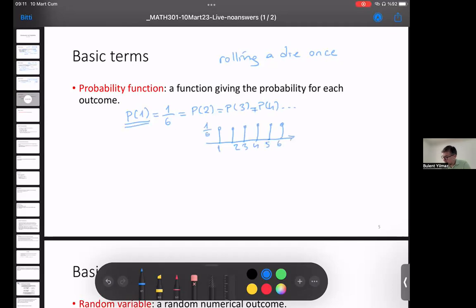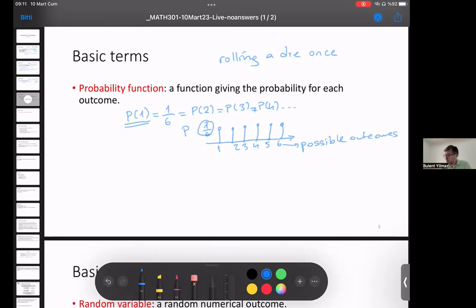These are my possible outcomes, and for each possible outcome, I have a probability. So that's the probability function, probability value. I hope you got the idea. We will be mentioning probability density functions and probability functions in the random variable part in 2 weeks time, inshallah.